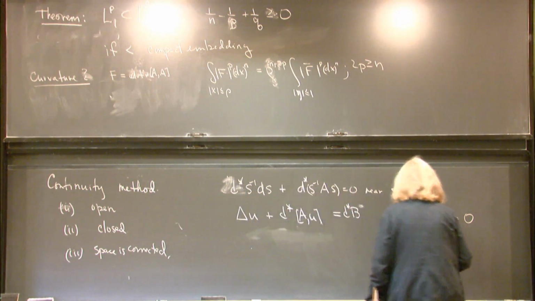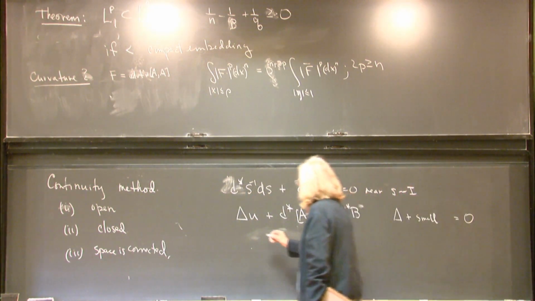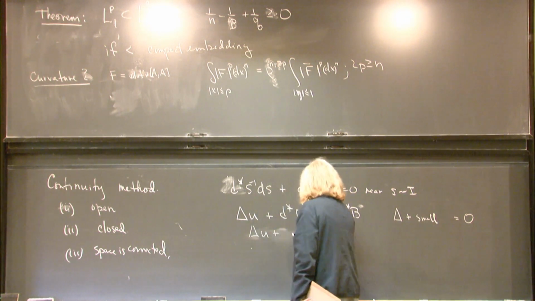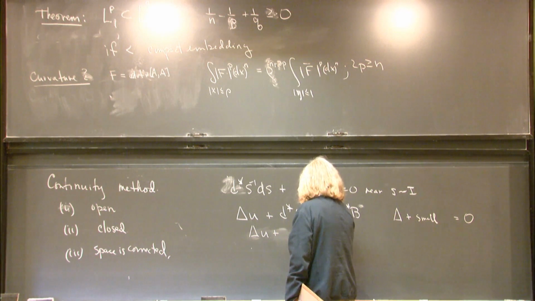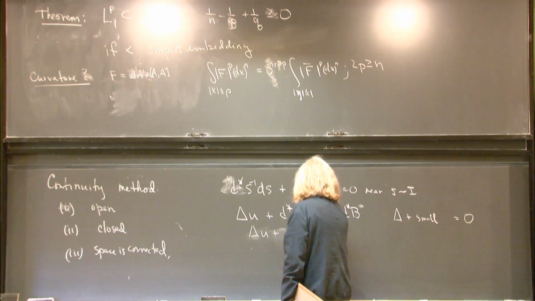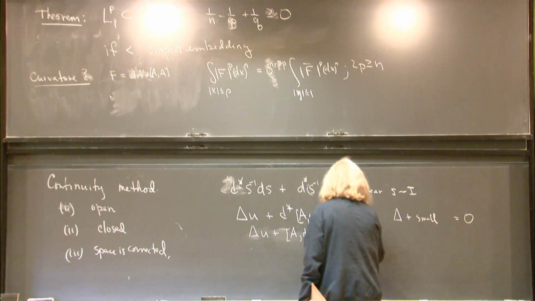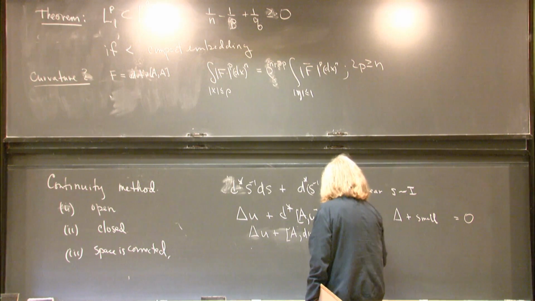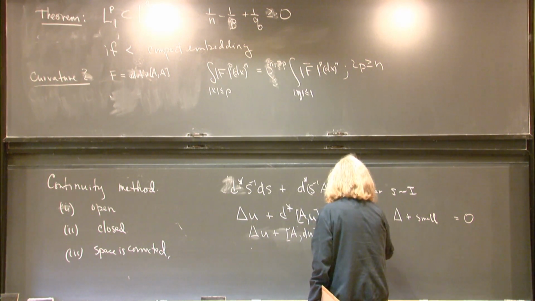Anyway, oh, right. I guess I should point out to you it does have a kernel plus A. D star A is 0. U is equal to D star B. This must be, I forget what this one is.